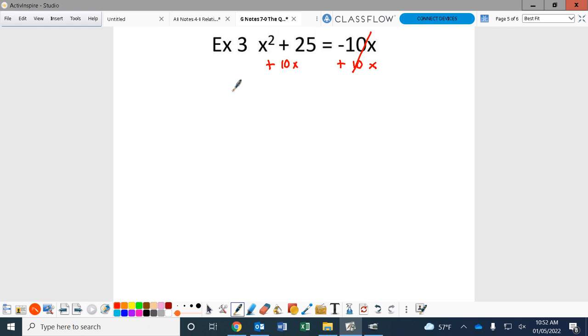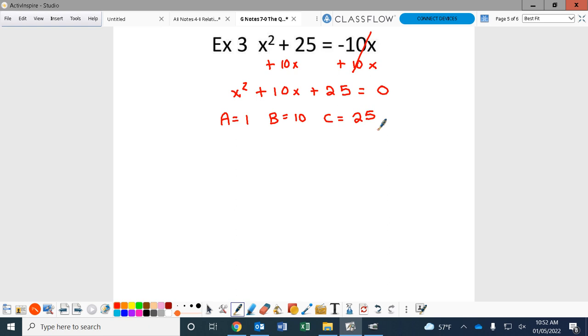So you're going to start with the x squared in front, then the x term, then the constant all by itself, and then it's going to be equal to 0. Once it's in that order, then you can do your A, B, and your C. What would your A be in this case? 1. What would your B equal? 10. And then your C would equal what? 25. There you go. Perfect.